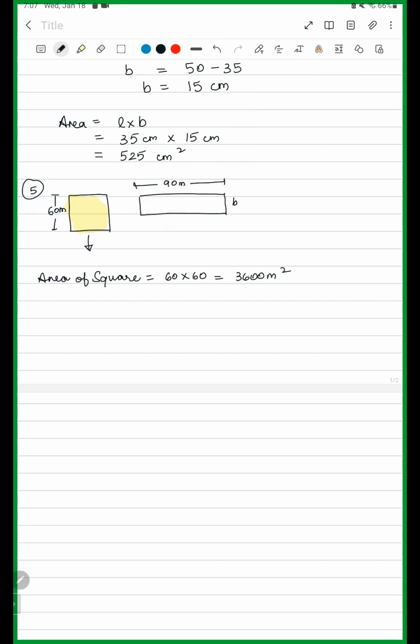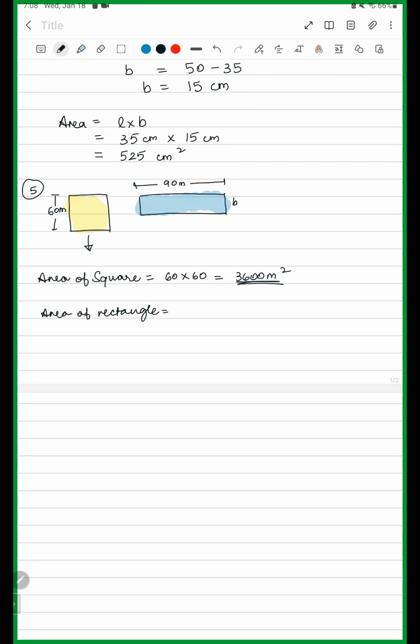Now, they are saying in the question that the area of this square park is equal to the area of this rectangular park. So that means area of the rectangular park will be how much? L multiplied by B, that is fine.